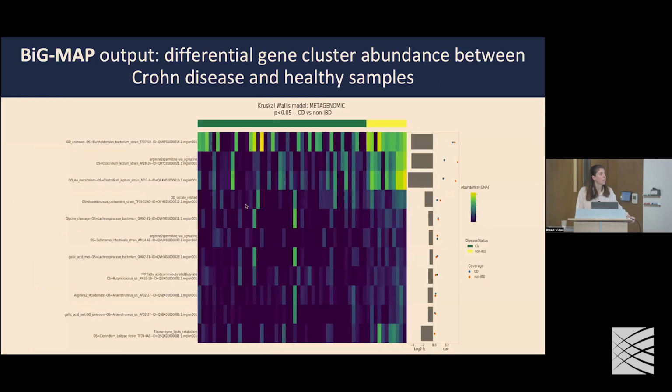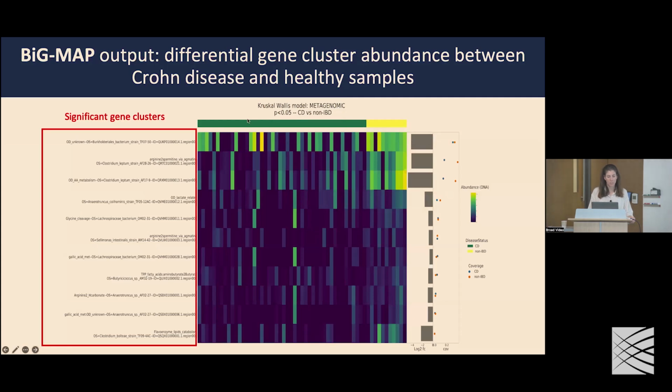And this is actually how the output looks. This is an example when taking metagenomic data from a data set that contains Crohn's disease samples and healthy samples. Here on the right, you have the significant gene clusters that were found with BigMap. In the top bar, you have the comparing groups.